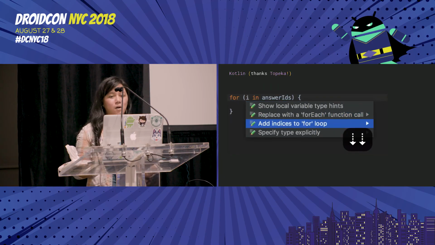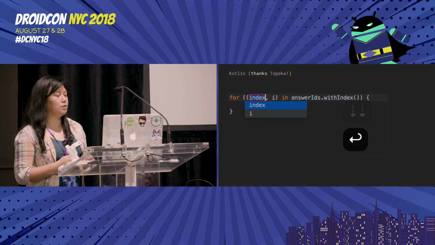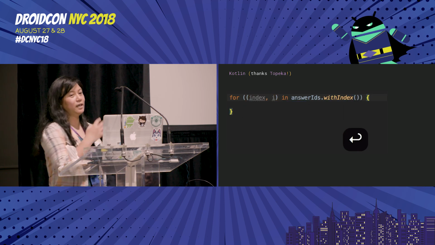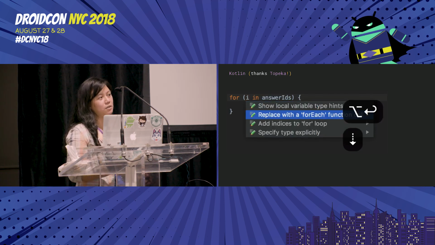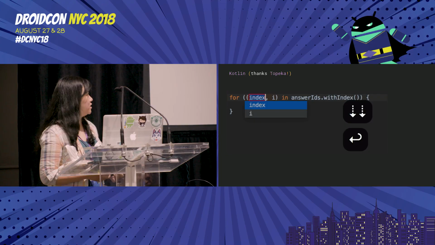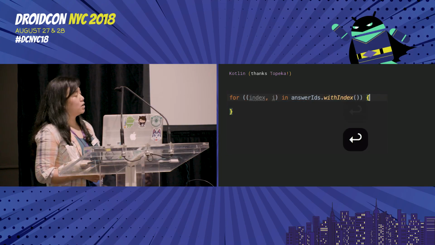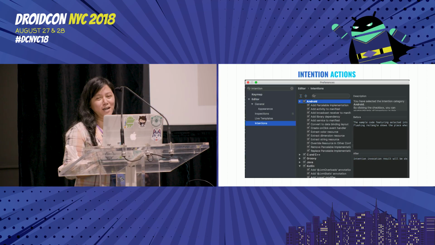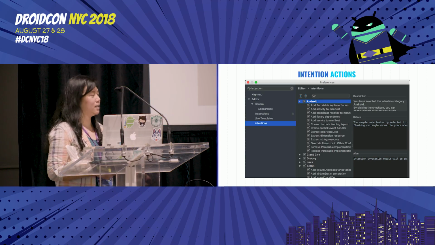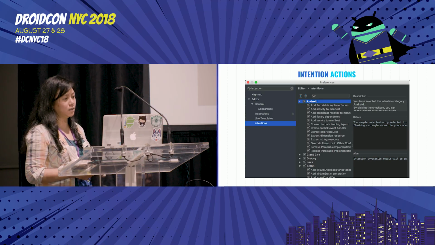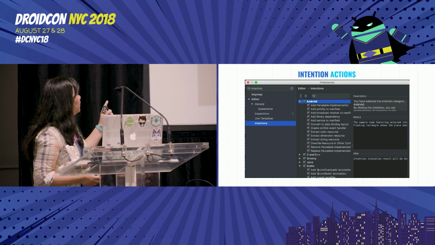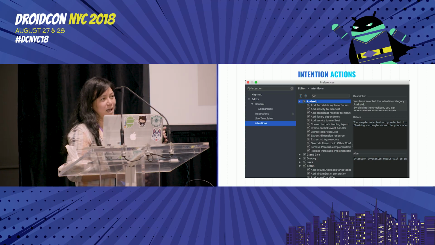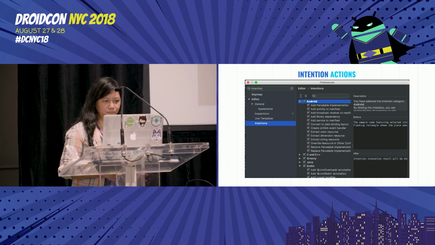And in our Kotlin code, if we have a for loop that we want to convert to the indexed variant, we can do so using some intentions as well. Just like live templates, there's a whole lot of them in Android Studio, and if you want to take a closer look, they're all under Editor, Code Style, and Intentions.